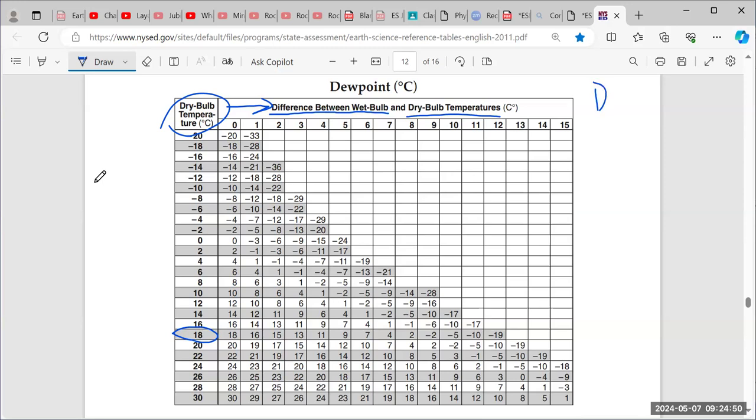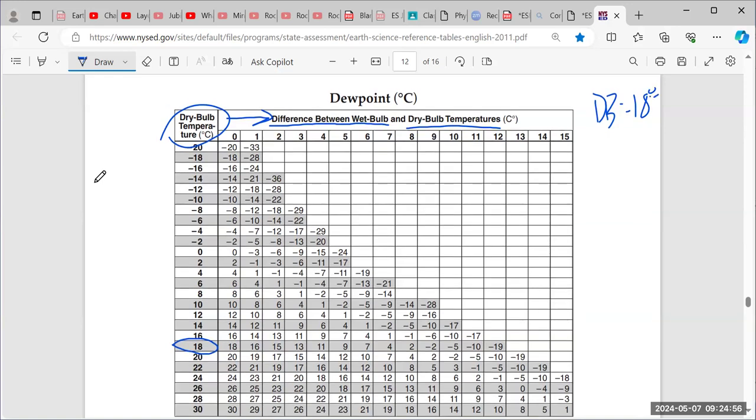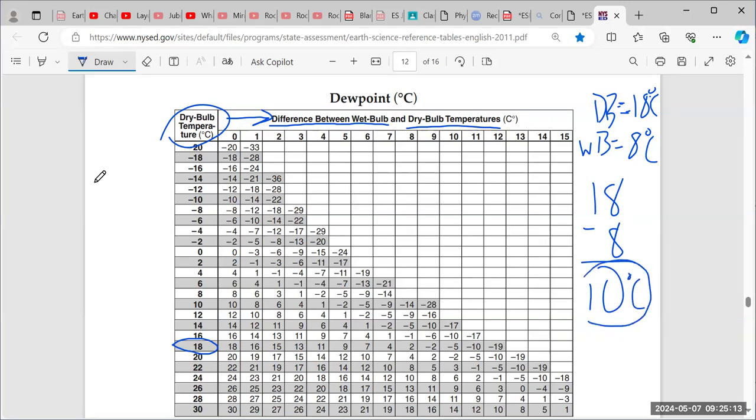If my dry bulb temperature is 18 degrees Celsius and my wet bulb temperature is 8 degrees Celsius, what is the difference? Well, 18 minus 8 gives me 10. Because they have a difference of 10, I'm going to highlight the difference of 10.